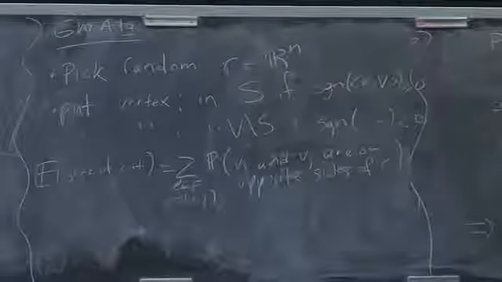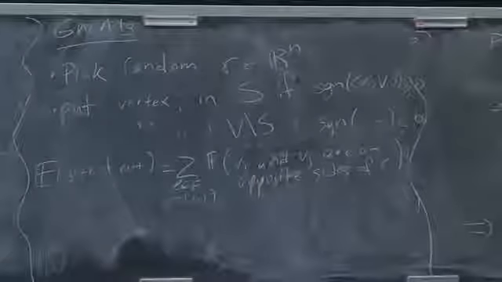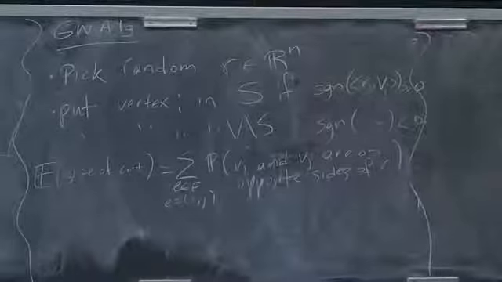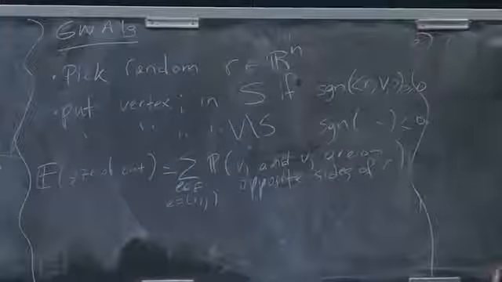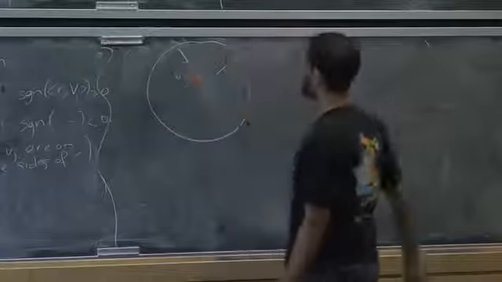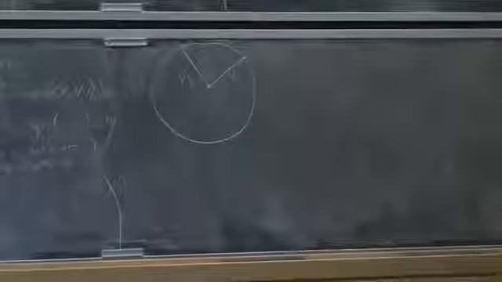Right? But vi and vj are just two vectors. So they span a two-dimensional space, so we can draw them. They're on the unit sphere. They have norm 1, so vi is somewhere, vj is somewhere. What's the probability that they're separated by this hyperplane?